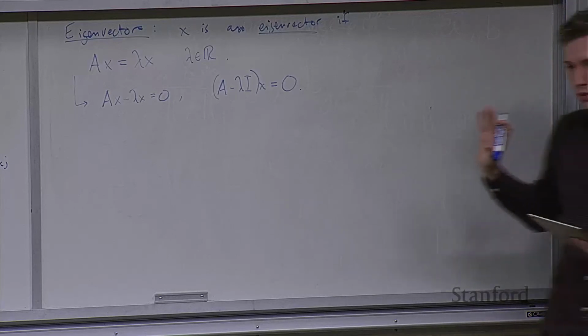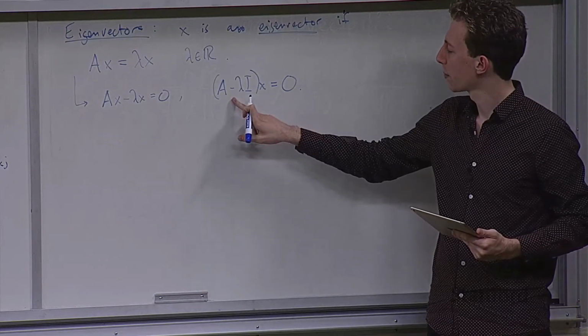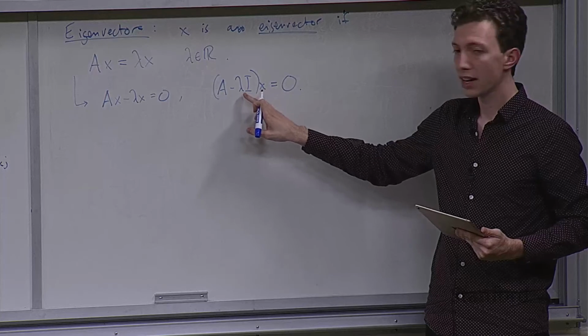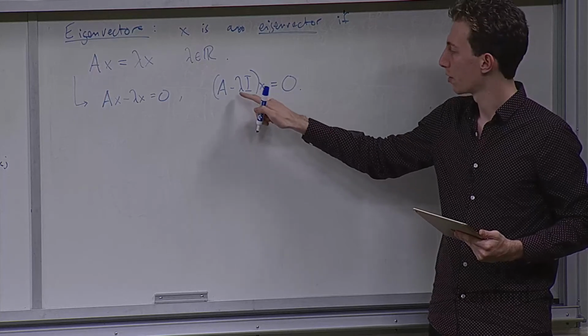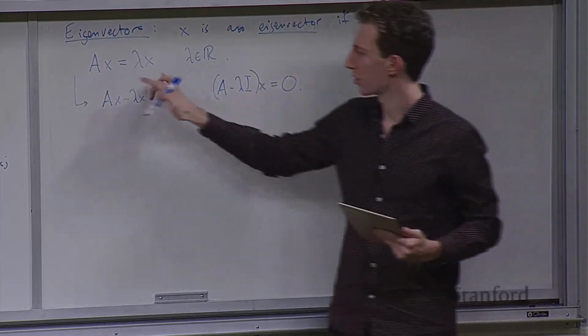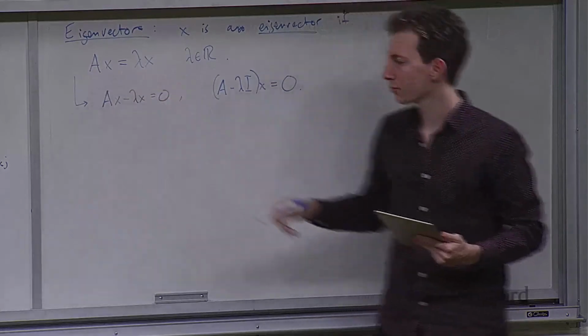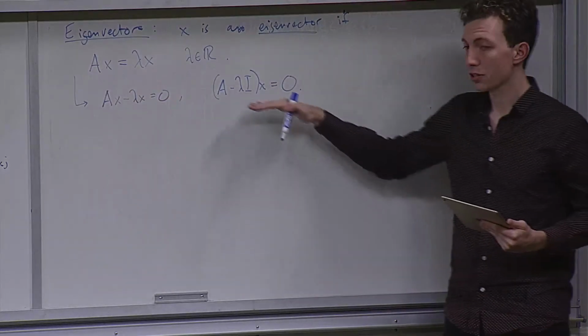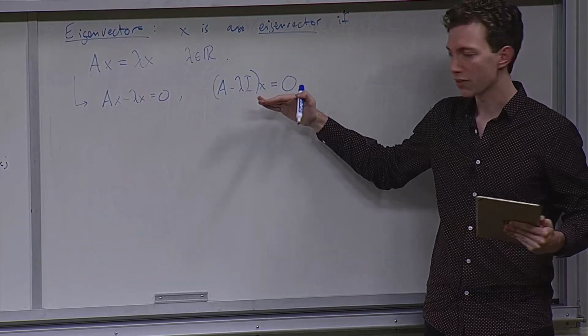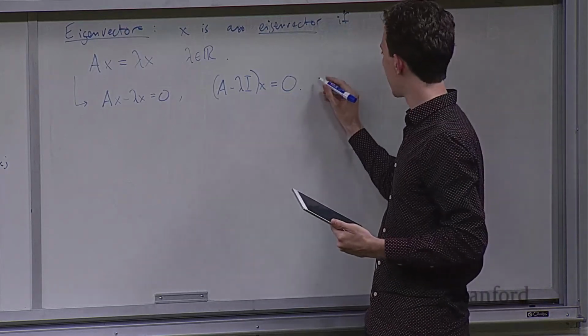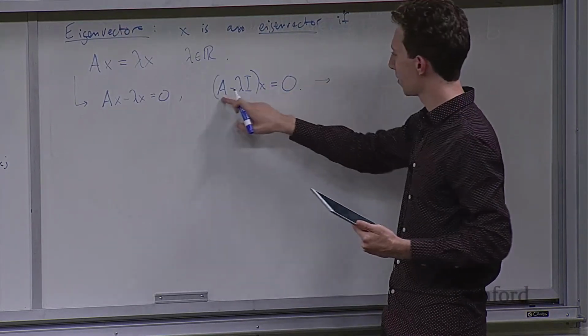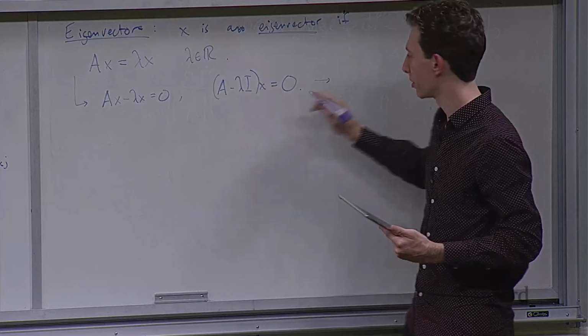We're not going to do this in this class, but the way you find eigenvalues, which are the values lambda such that there exist vectors for which this holds, is by solving this equation. And the way you solve it is by taking the determinant of this matrix and setting it to 0.